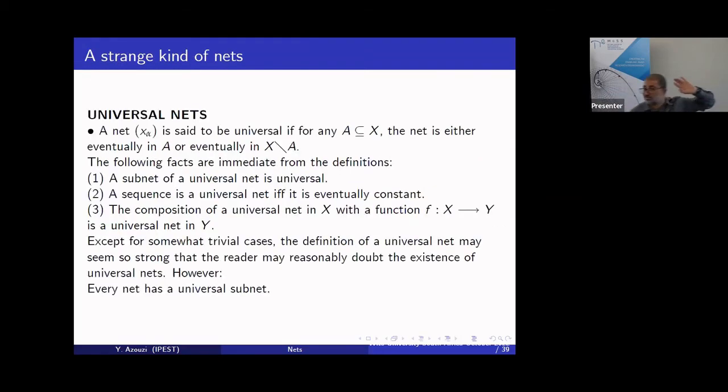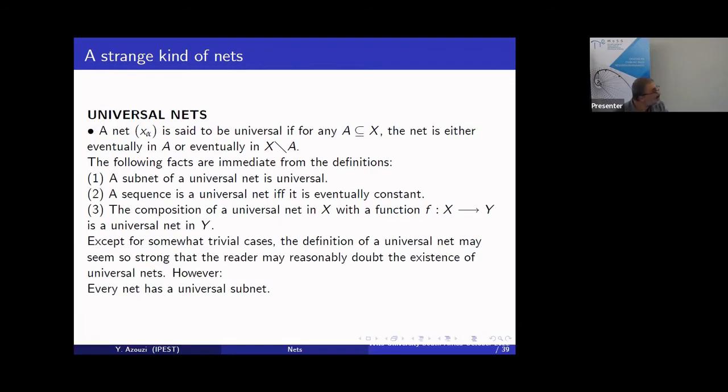Here, just a last thing. It's a very strange thing: a universal net. A universal net is a net such that for every set, the set contains a tail of the net, or its complement contains it. For sequences, there is almost no universal sequence. If you assume that the sequence is universal, then it has to become constant after some time.